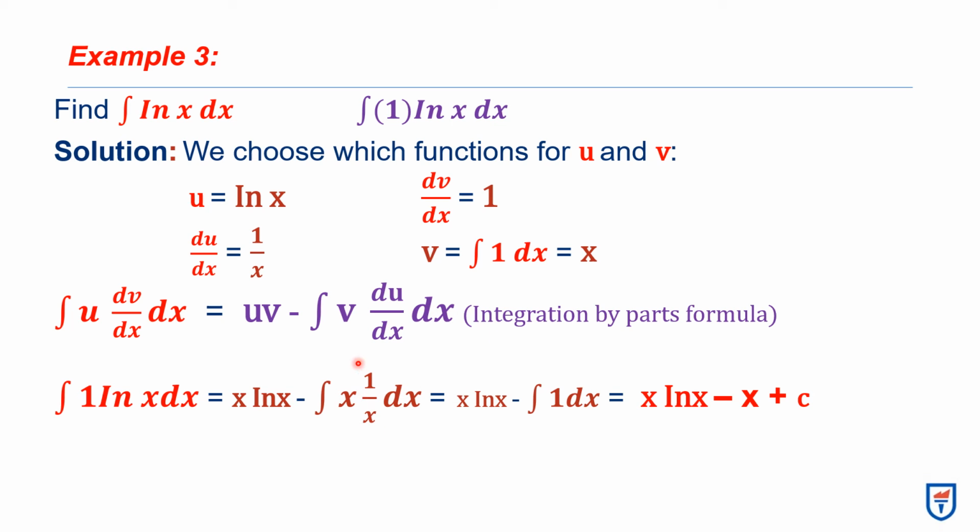Now x times 1 over x, the x's cancel each other, and you end up with only the integral of 1 dx. When you integrate 1 dx, you get x. So we end up with our final result as x ln x minus x plus an arbitrary constant c, as the final result of the integration of ln x dx.